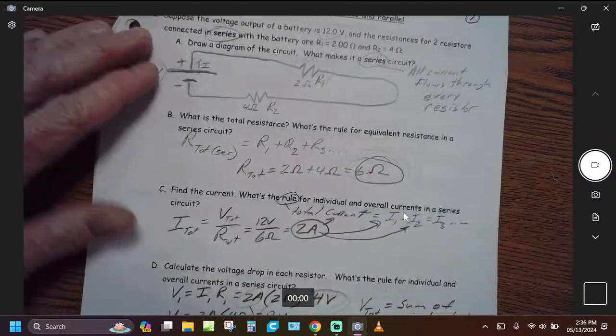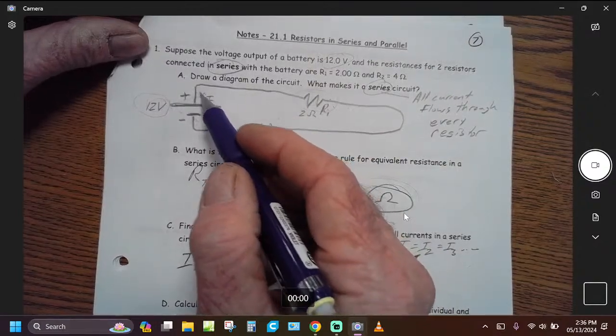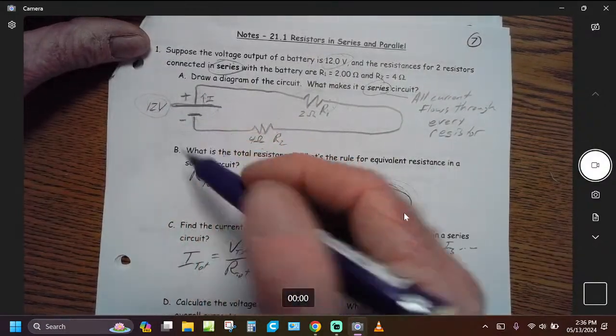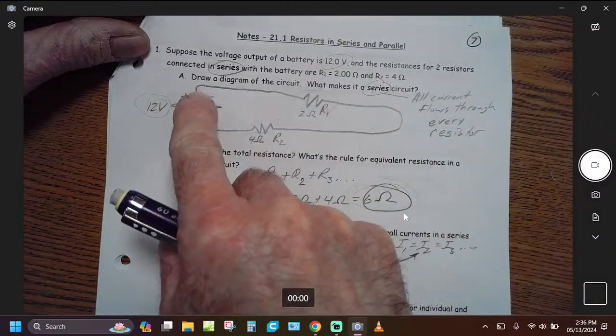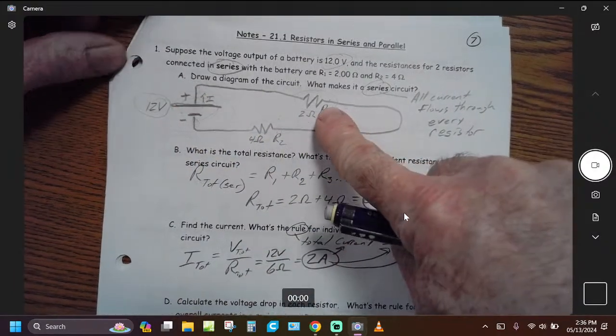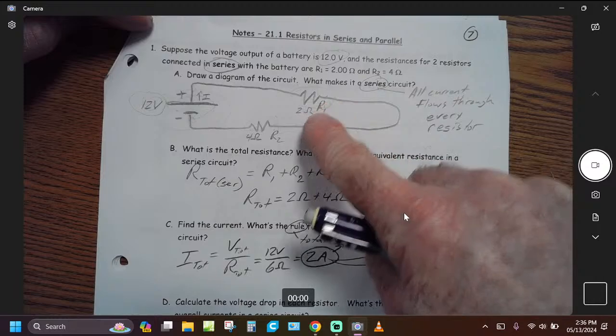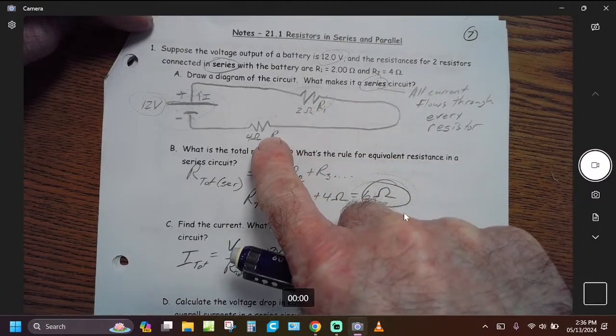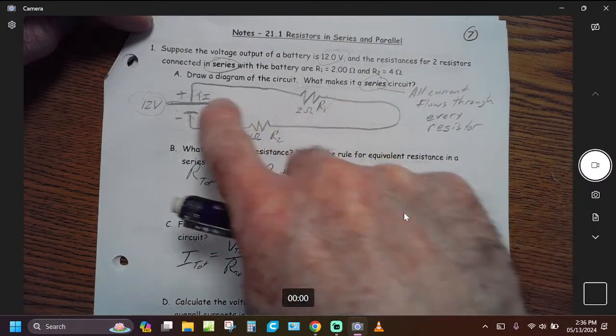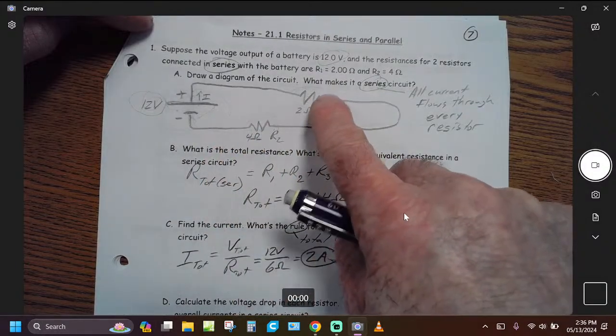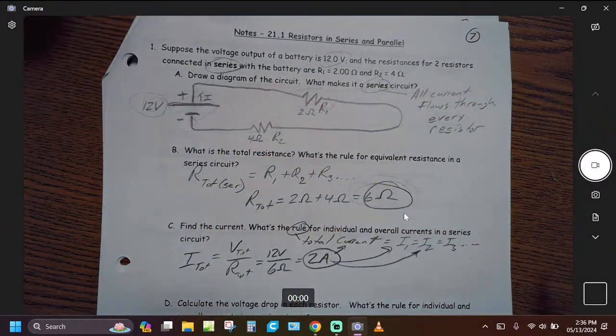So what's your guess? If we compare the entire amount of power, the entire number of watts used by this whole circuit to the number of watts used by this resistor and the number of watts used by this resistor, are they all going to be the same, or are these going to add up to the total? That's kind of the 2 patterns we're going to get.